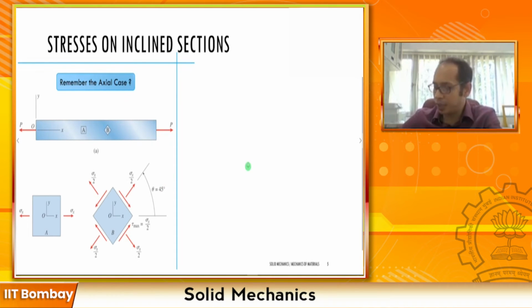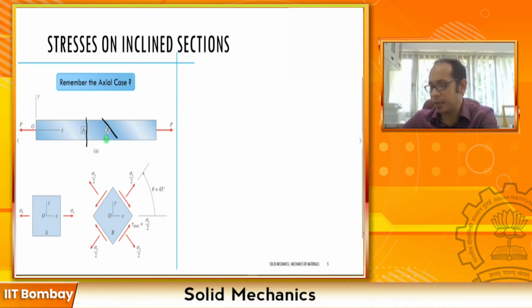If you are looking at an angle perpendicular to the longitudinal axis, then yes, you are only going to have the normal stresses. But if you are looking at elements which are slanted at a particular angle theta, they are going to have both the axial as well as the shear stresses. A special case was that the shear stress becomes maximum when theta equals 45 degrees.